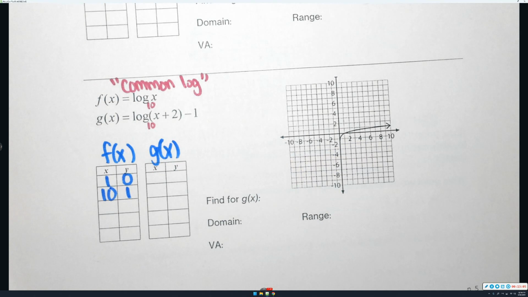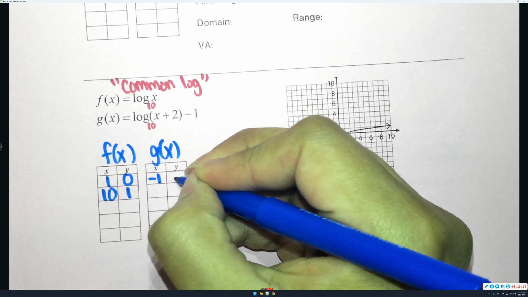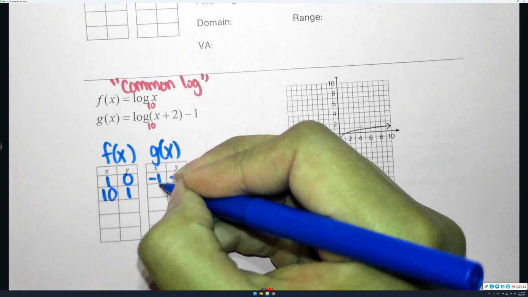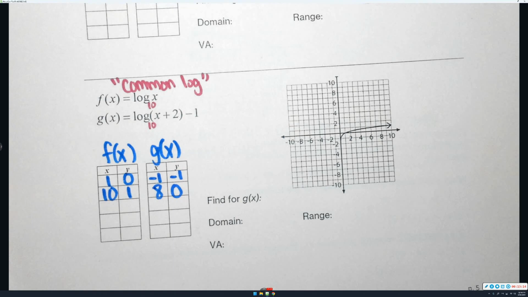Write that down. And for g of x, we have -1, -1, and 8, 0. Now for this one, it only turned out that we have 2 points of accuracy for either function, okay? Not that we don't have more, we just can't fit them within the coordinate grid that's given to us.